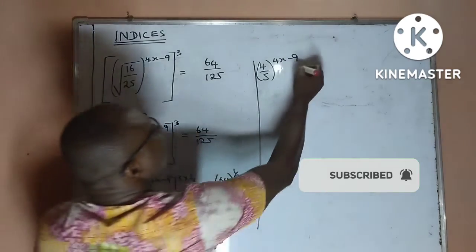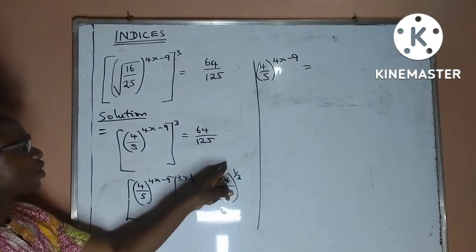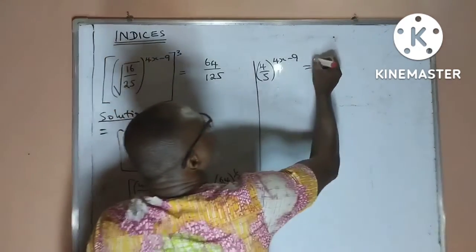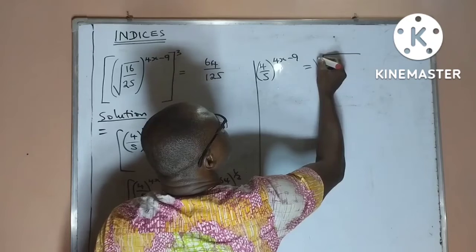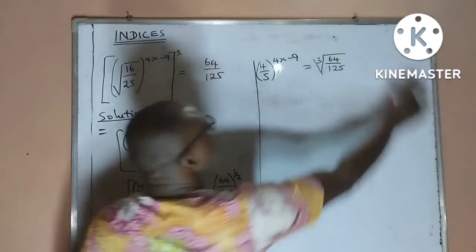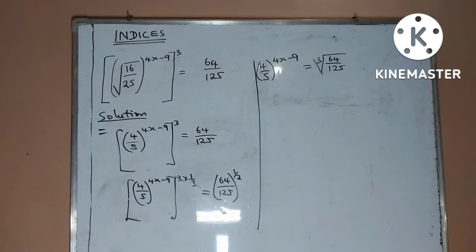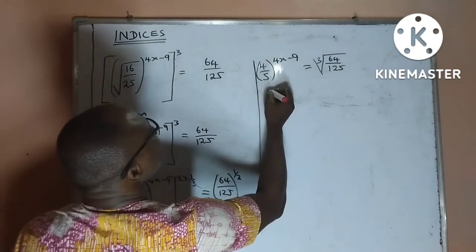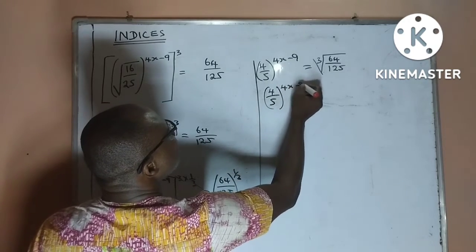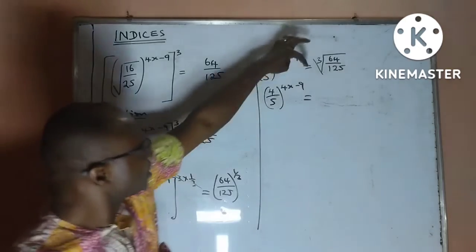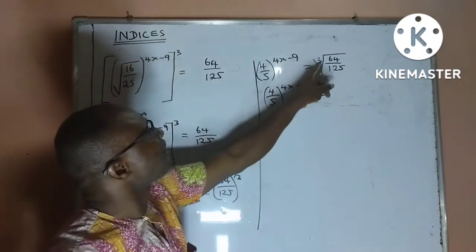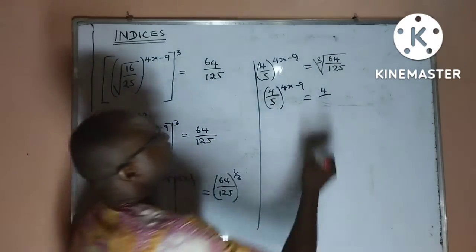On the right hand side, I have 64 over 125 raised to the power 1 over 3, which will now be written as the cube root of 64 over 125. Good. Moving forward, I will have 4 over 5 raised to the power 4x minus 9 equal to the cube root of 64, which is 4, over the cube root of 125, which is 5.